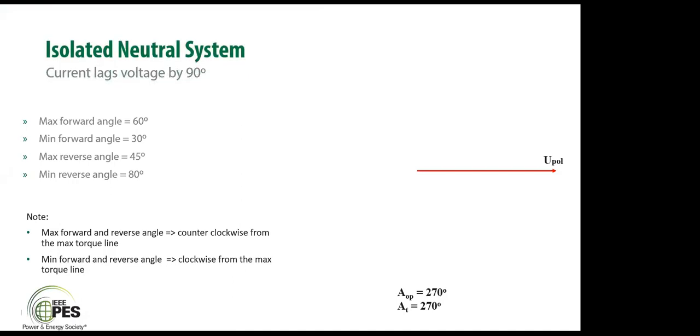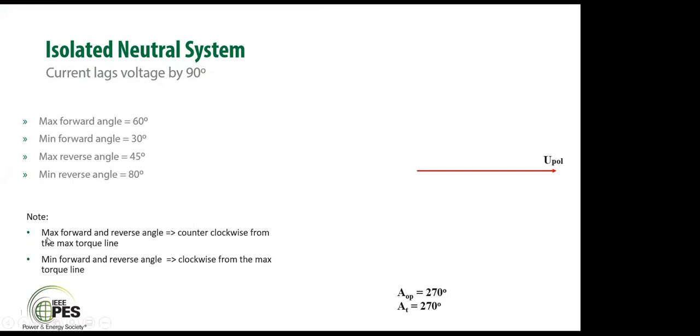So now I'm explaining with a simple example what we have done. So we have inserted the provision of controlling the maximum and minimum forward and reverse operation zone.